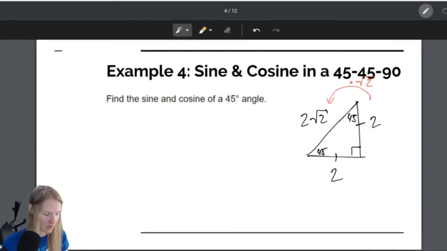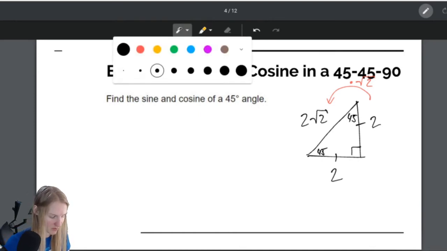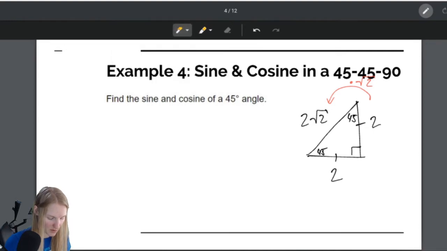Beautiful. Okay, next, I'll get a different color in here. We're looking at 45. It does not matter if I look at this 45-degree angle or this 45-degree angle. So I'll just pick this one, which makes this the opposite. This is the adjacent.